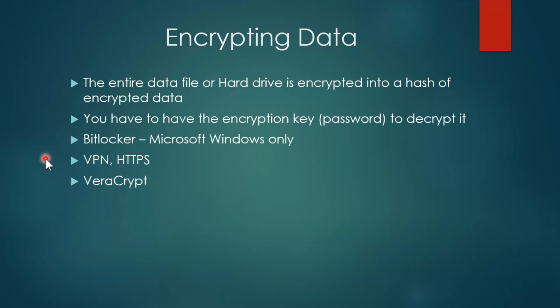VPN and HTTPS is used to transmit data between your web browser and a web server so it's secure. And Veracrypt lets you create a container. Say I want to create a 2 gigabyte container. I can put files in that container up to 2 gigabytes and they're all encrypted. But you decide on the size of the container when you create it.